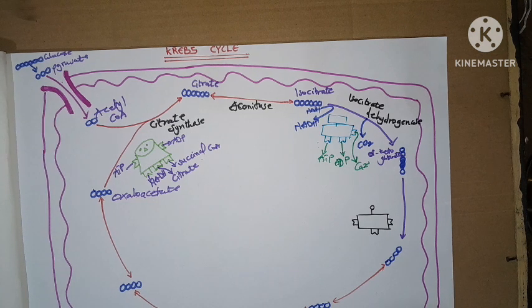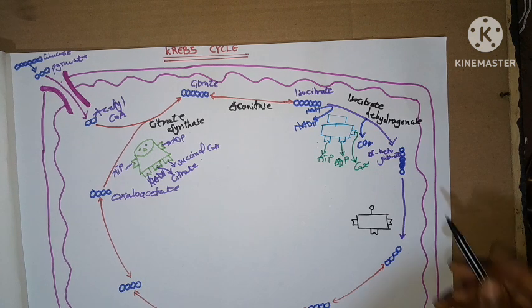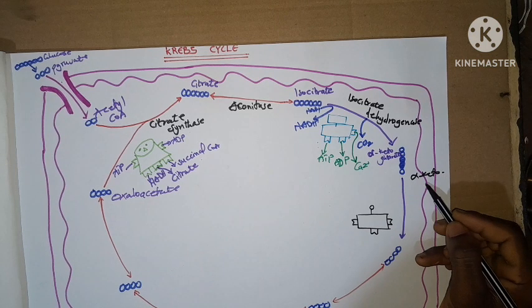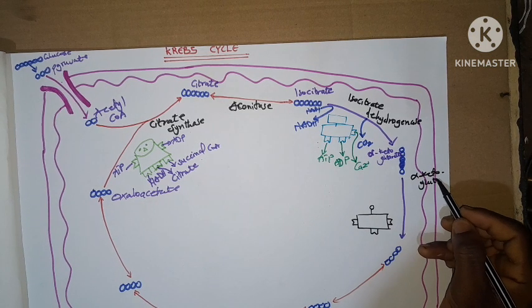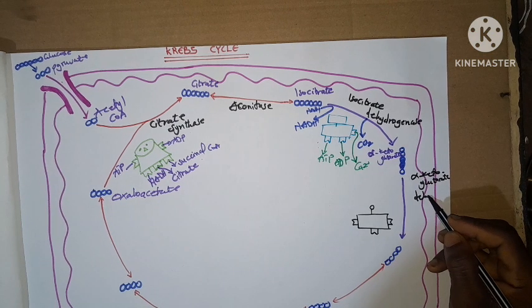And from there, this alpha ketoglutarate goes to an enzyme known as alpha ketoglutarate dehydrogenase. Let me write it. Alpha ketoglutarate dehydrogenase.